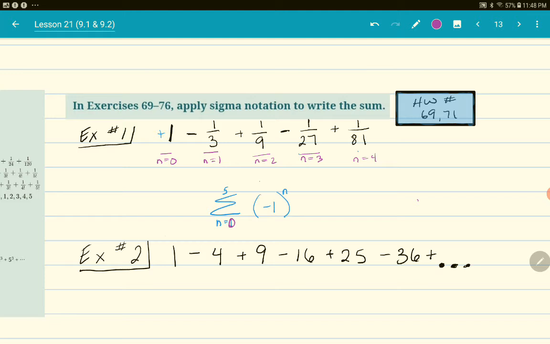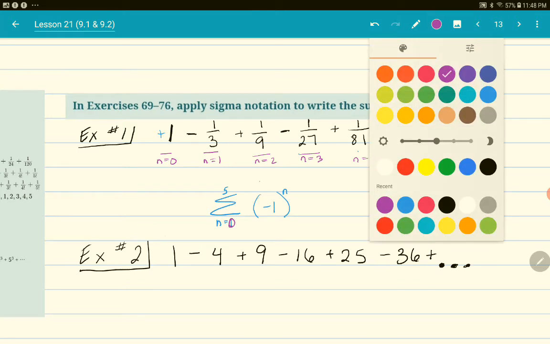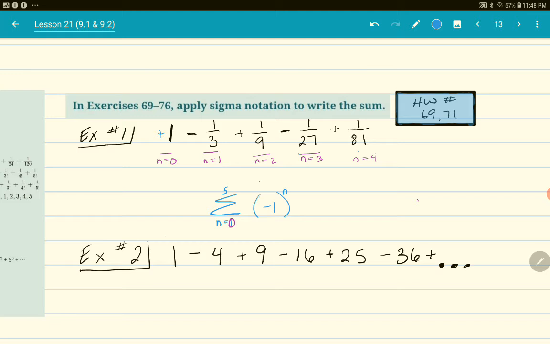And then for my fraction, I could take 1 over, remember the 3, the 9, the 27, the 81, and I can think of this as a 1. Then these are each a power of 1 starting at 3 to the power of 0. And then I have 3 to the power of 1, 3 to the power of 2, 3 to the power of 3, 3 to the power of 4.